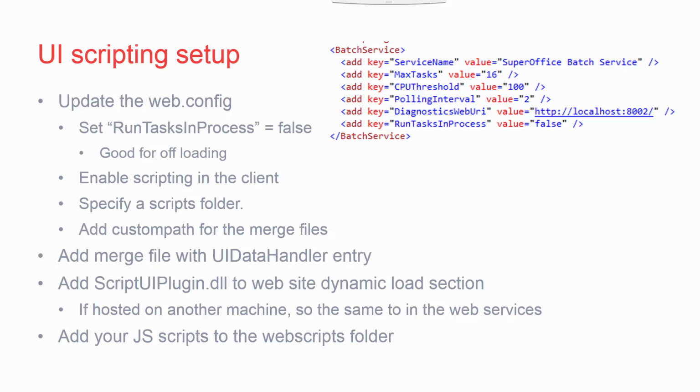We enable scripting in the web config file as well. We specified the web clients or the web scripts folder. We added a custom path to get the merge files so that those merge settings would be merged with the root configuration. We've added the Script UI DLL to the dynamic load section of the web application in the web config. And if you need to, you can go ahead and add in some script files into the web scripts folder and have those referenced as well.